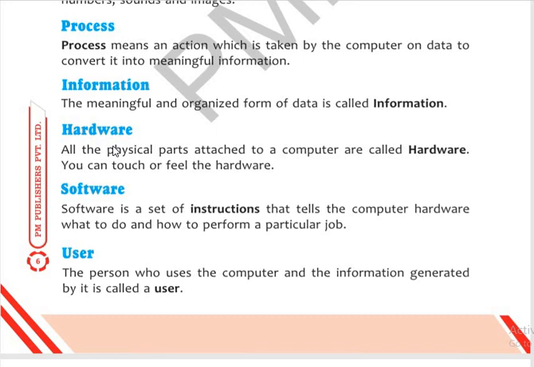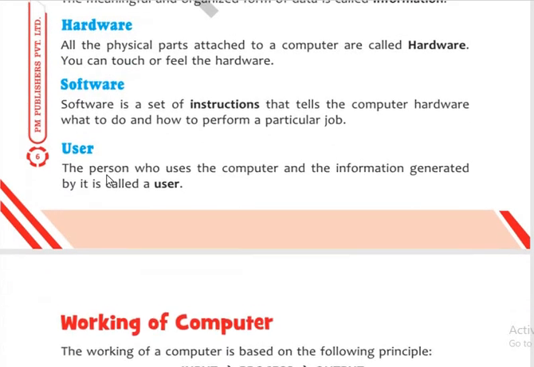And the last term is user, that is ourselves, who are using the computer or the laptop. The person who uses the computer and the information generated by it is called a user. The user gives the input, the computer does the processing, and at last we get the output, that is called information.